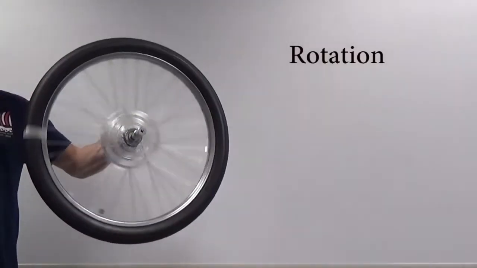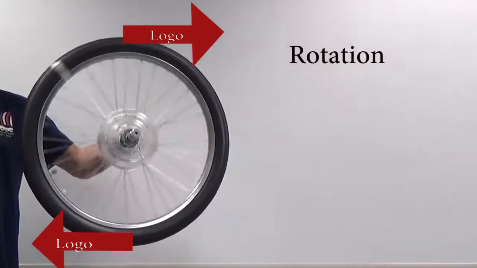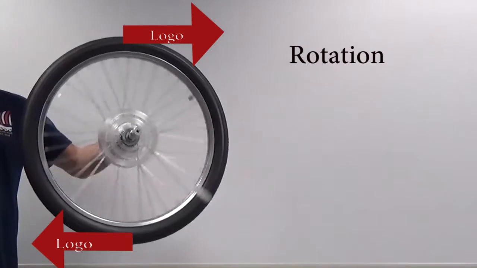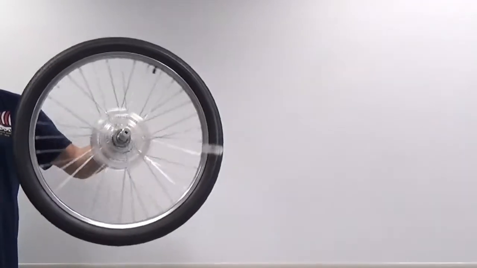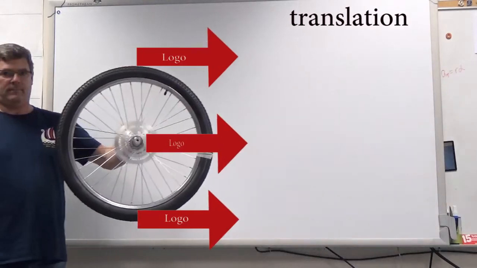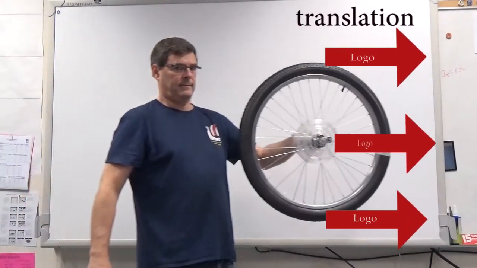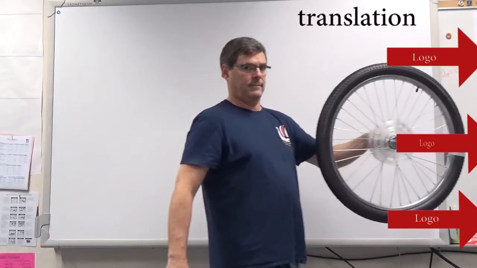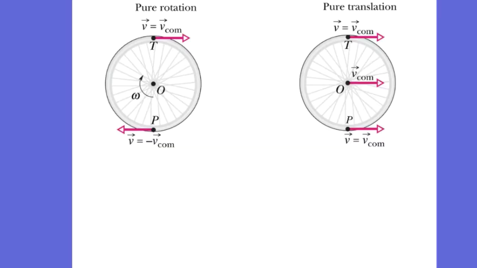Here we see pure rotation, and the vectors represent the tangential velocity at the edge of the wheel, which we know is the same as the velocity of the center of mass of the wheel when we're in translational motion. Here the vectors represent just the translational motion of the wheel. So here are two diagrams that represent what we just saw.